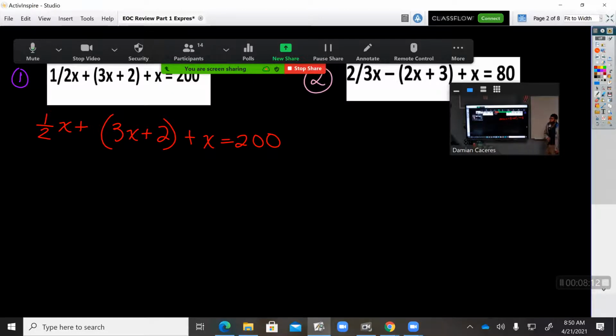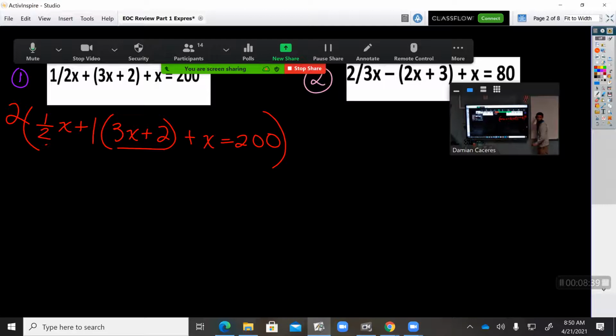Now, this is important. When you're getting rid of fractions, which is what I'm going to do on this problem, you have to multiply the entire equation, the whole thing, which means everything you see in there, by the denominator. So, because the denominator is 2, I know I'm going to multiply by 2. But before you do it, this is an important thing you have to remember. Anything in a parentheses does not get multiplied by 2.